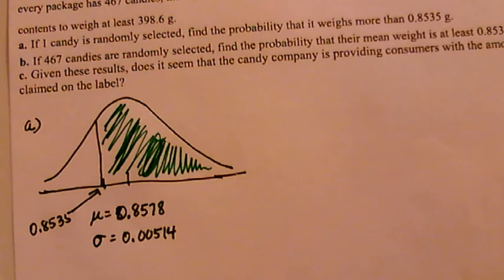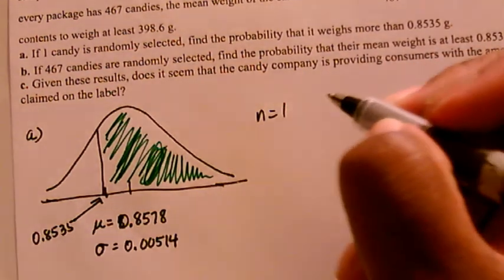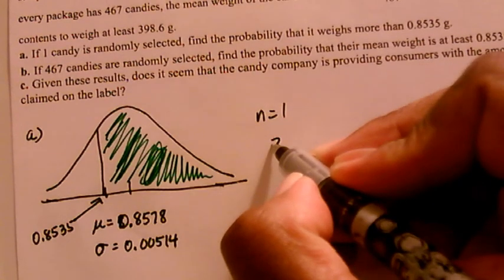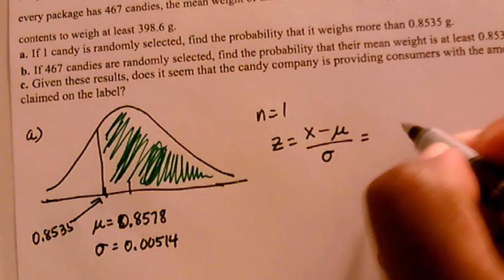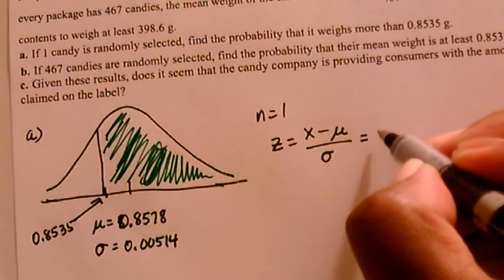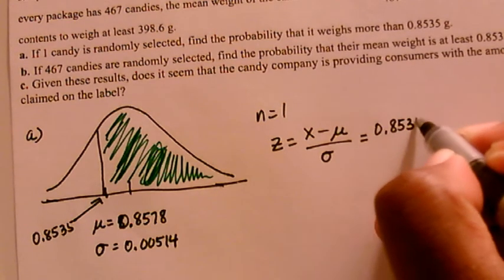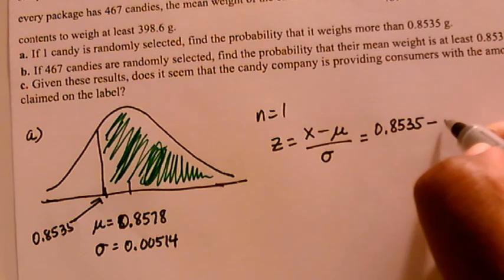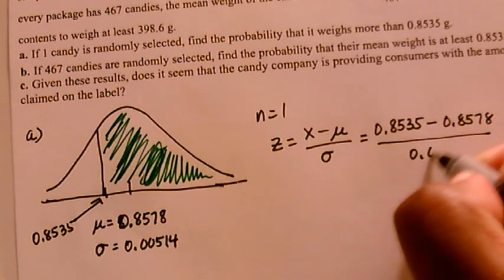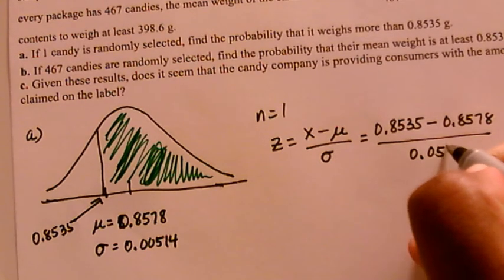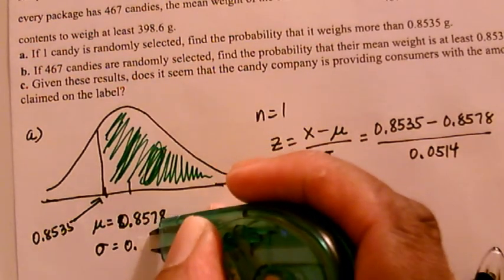Okay, so now we're dealing with one candy randomly selected. That's your n is equal to 1. So of course we convert that to a z-score using x minus mu divided by sigma, which in this case is x, which is 0.8535, minus mu, which is 0.8578, and all that's divided by sigma, which is 0.0514.